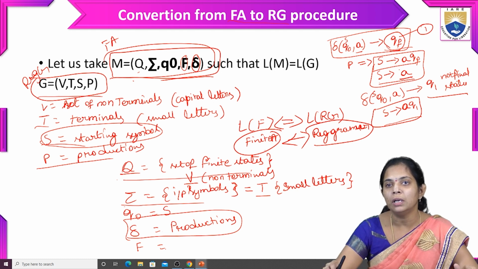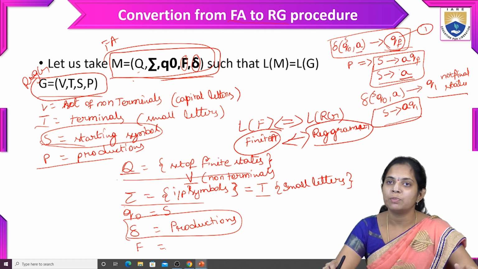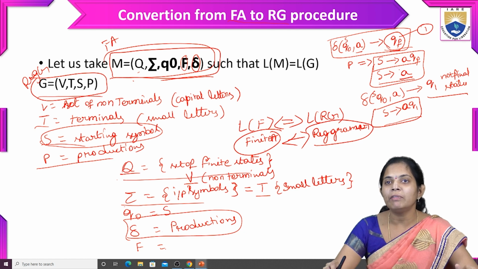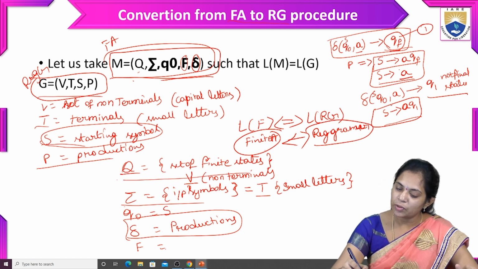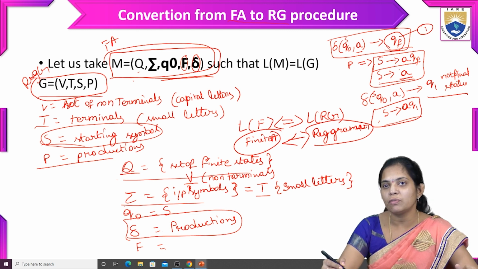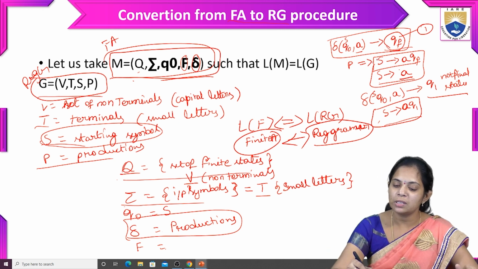So based on the finite automata, whether it is a DFA or NFA or epsilon NFA, it depends on the transition function. We will form the production rules. When it is reaching the final state, the production in the transition function has two productions.